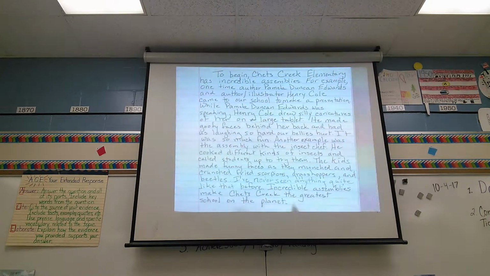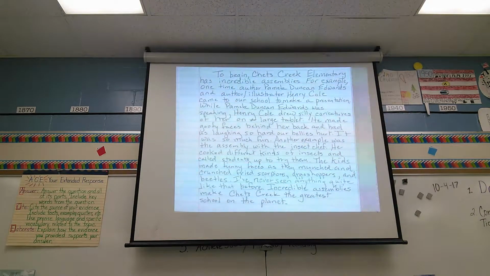So the final sentence reads, "Incredible assemblies make Chetts Creek the greatest school on the planet." Okay, so this might seem to you to be quite a lengthy body paragraph, and for beginning writers it may be, but this is the expectation at 4th grade.